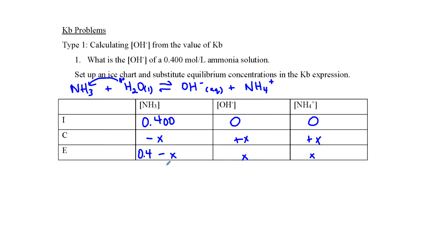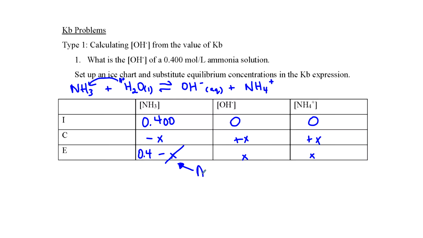Now, just like we did with Ka, we're going to disregard that x, okay? We're going to use that same 5% rule. If you're calculating percent ionization and you end up with a value of less than 5%, it's safe to say that this x value is so small that it's not going to change your overall answer much at all. It's very insignificant.